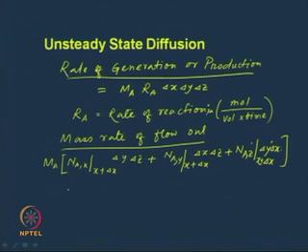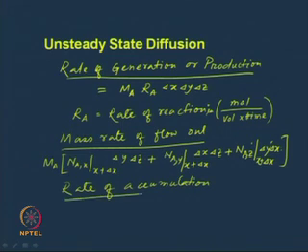and then another term is the accumulation. So, rate of accumulation will be equal to delta x delta y delta z, this is the volume, into d rho A dt.